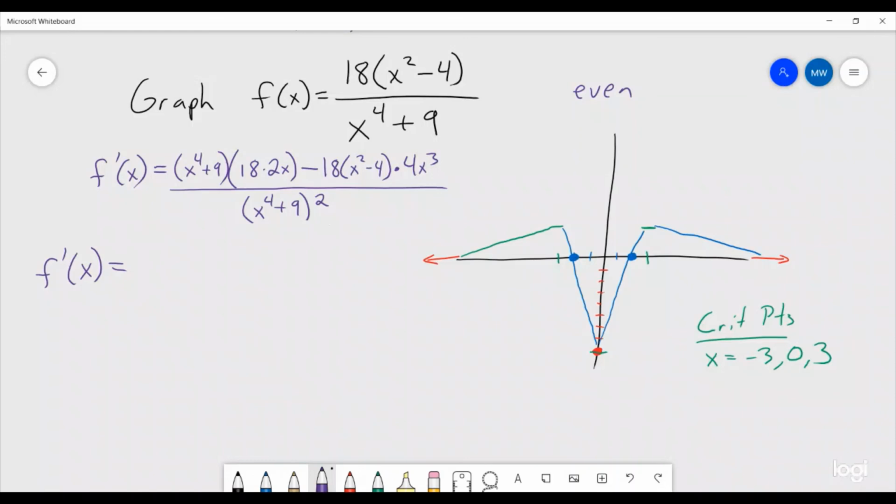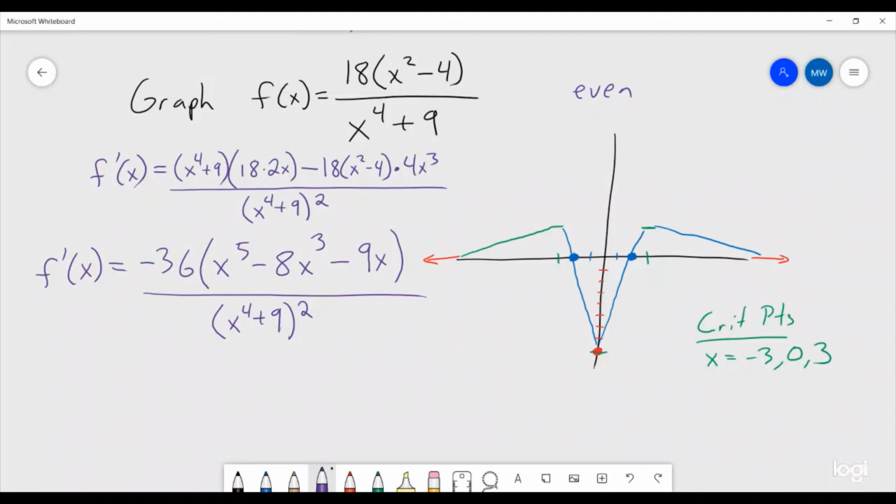We get negative 36 times x to the 5th minus 8x cubed minus 9x, which we actually had done a little bit ago, over x to the 4th plus 9 squared. And now we need to take the second derivative. So, not very pretty. Second derivative of x, going to do the quotient rule again.